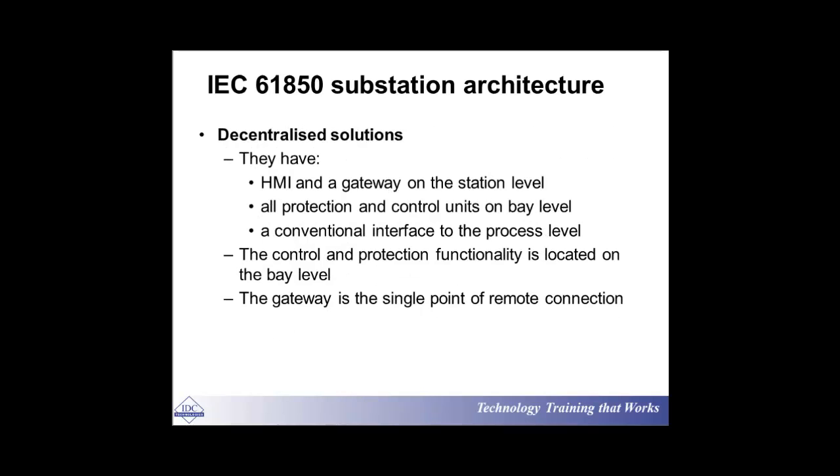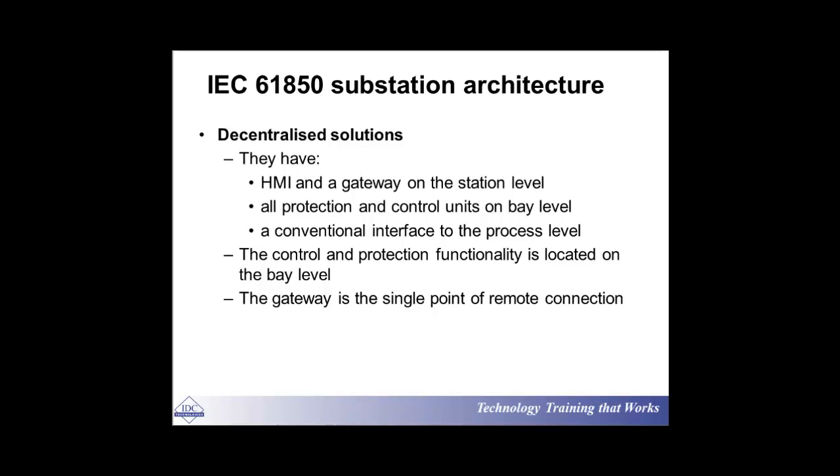If it is a decentralized solution, no. In that case, they have HMI and a gateway on the station level, or protection and control units on bay level, a conventional interface to the process level. So it's not centralized in one point. Some of it is at the location of process level, some of it at the bay level, some of it at the station level.